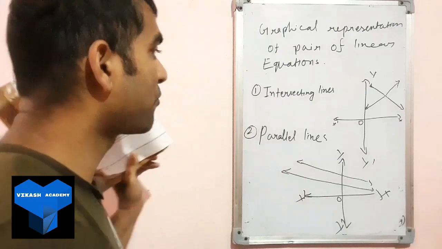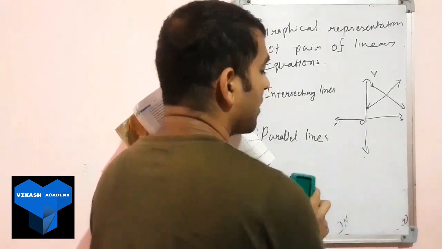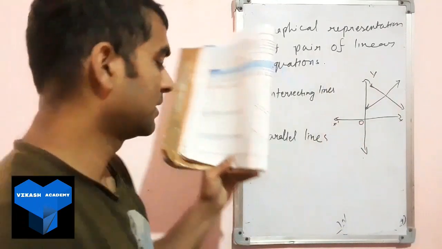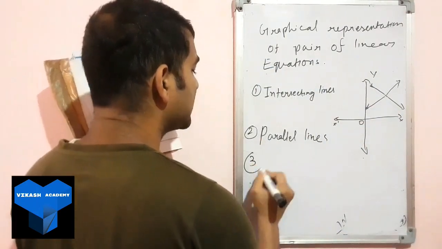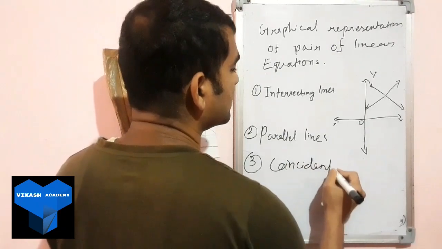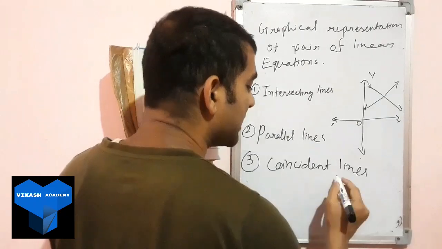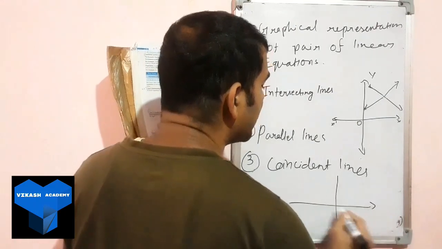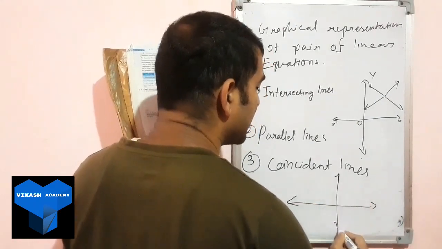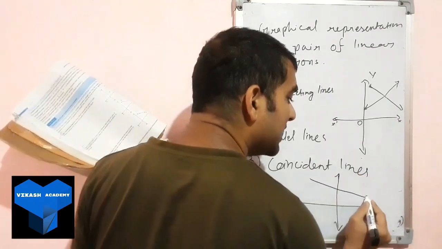Now the next one is coincident lines. What is the meaning of coincident? Last one, try to understand coincident lines. This is the third case. Again we have the Cartesian system, and in the case of coincident lines, suppose one line is like this.